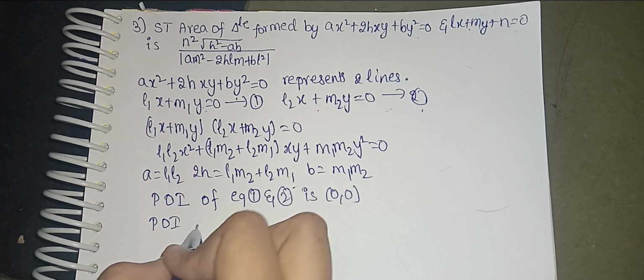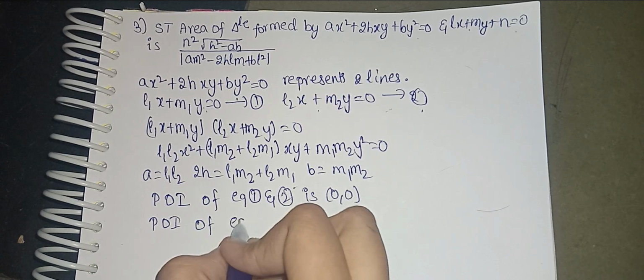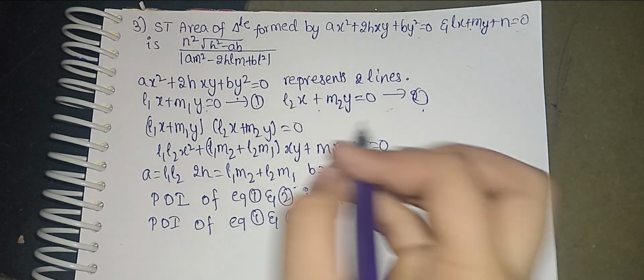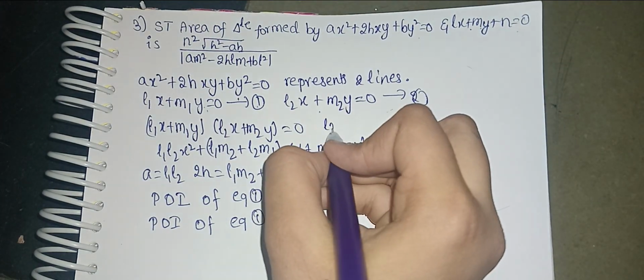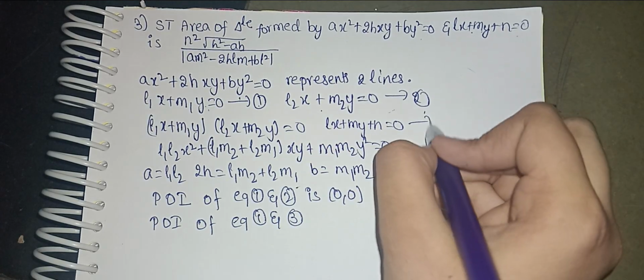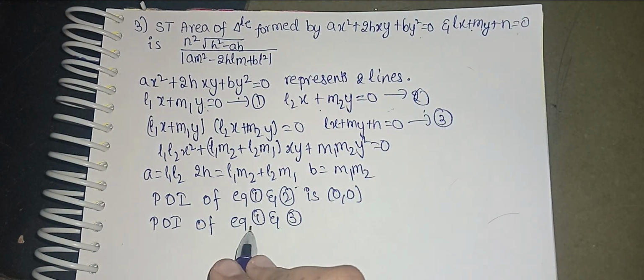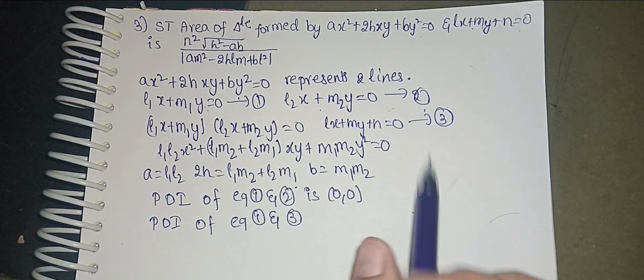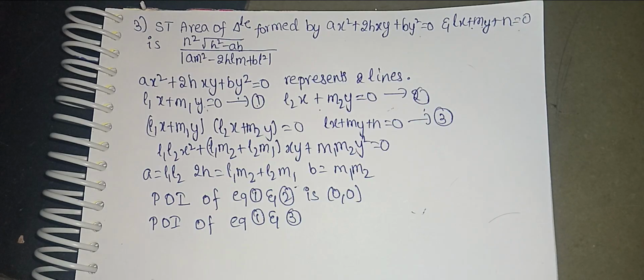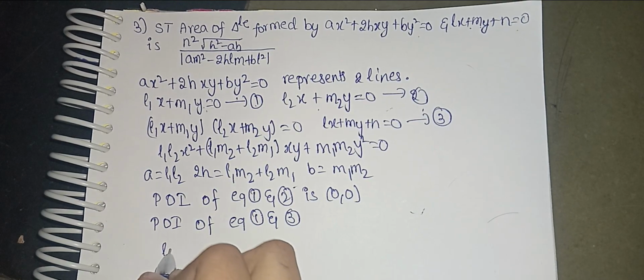Point of intersection of equation 1 and 3. What is equation 3? This, Lx plus my plus n is equal to 0. We'll take it as equation 3. Point of intersection of the first line and third line: how to get the point of intersection?